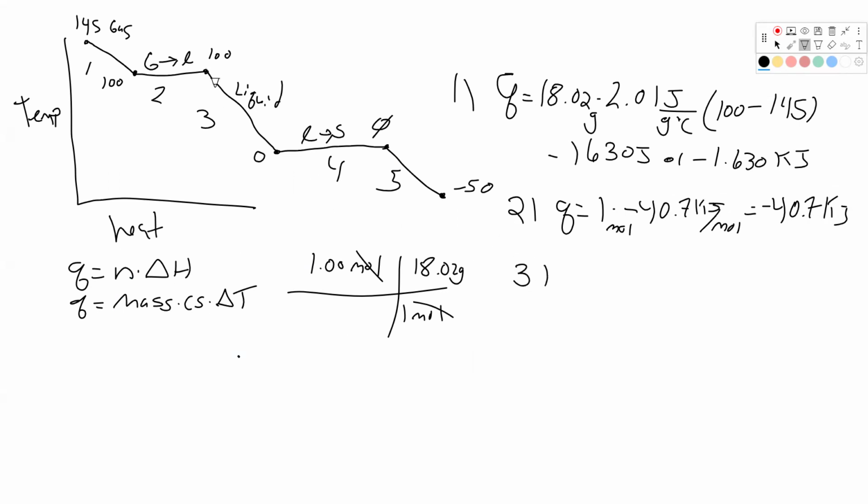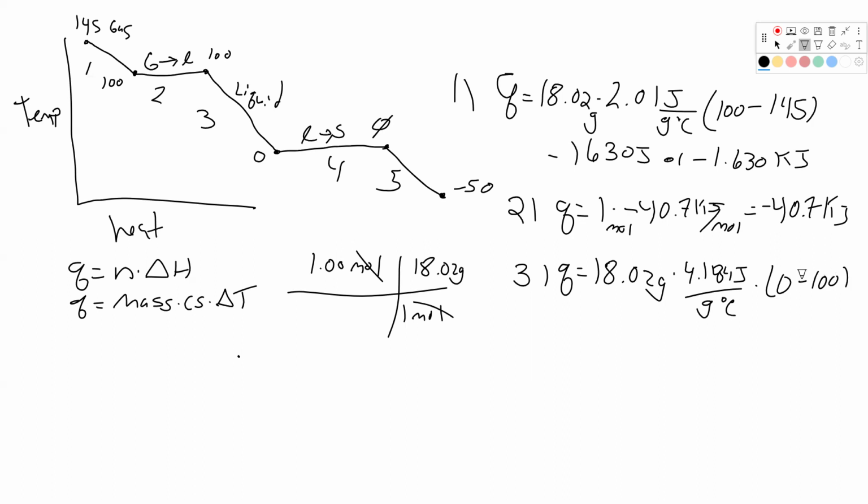Right, segment 3. Now we're water. We're going to cool down to the crystallization point. So Q equals mass, 18.02, multiplied by the specific heat of water, which is 4.184 joules per gram Celsius. Then we're going to multiply that by our final temperature 0. Our initial was 100.